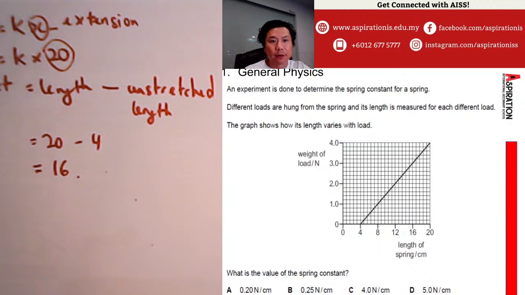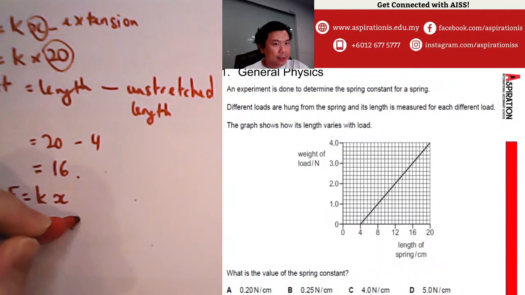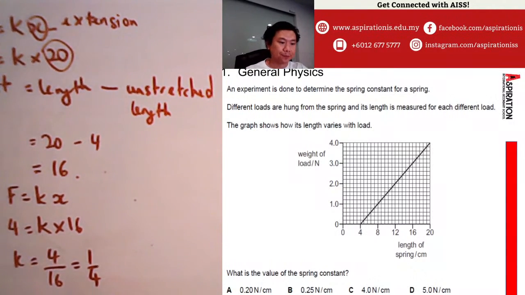Now this is for the 4 Newton load. Correct. So now we do the formula again. 4 equals to k times 16, and k equals to 4 over 16. So it's 1 over 4. So it's 0.25 Newton per centimeter.